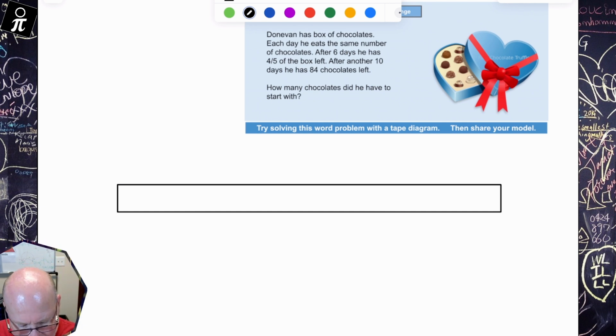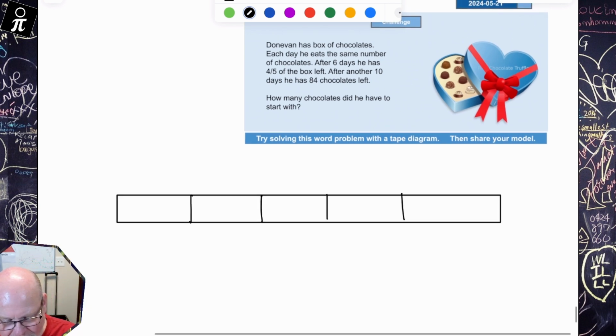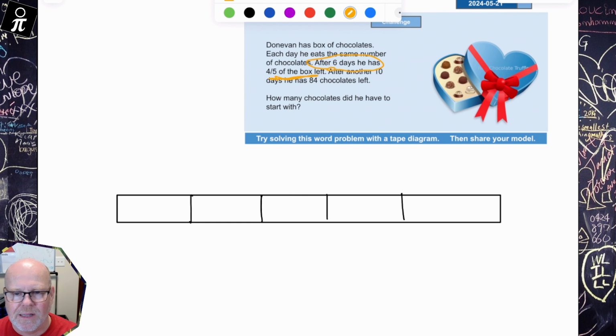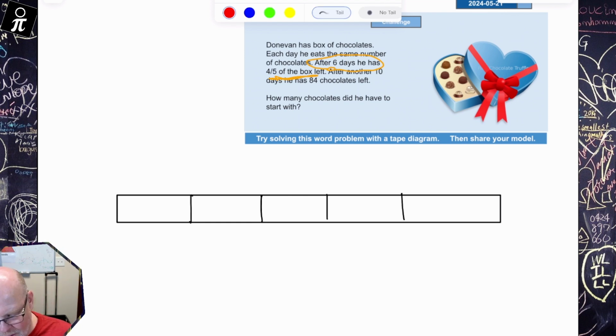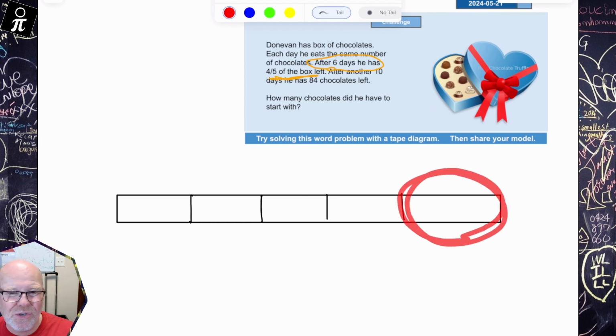All right, so what I want to do is chop this into equal fifths. And I see that it says after 6 days he has 4/5 of the box left. So that means this fifth right here, it took him 6 days to eat that fifth.